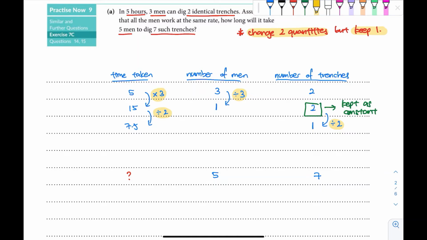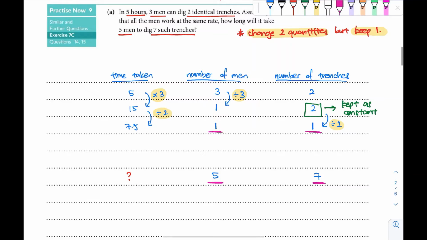Right, so I have already changed 2 quantities. I'm actually keeping the number of men constant at 1. Alright, now that I have achieved 1 over here and 1 over here, I will now proceed towards my goal of 5 men and 7 trenches. So 1 man, if I'm going to let it become 5 men, that means I times 5.